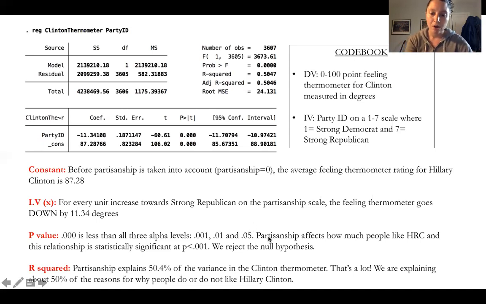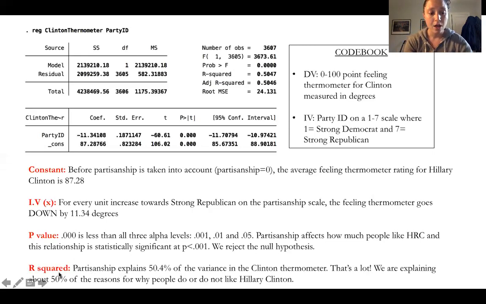So we would say partisanship affects how much people like Hillary Clinton, and this relationship is statistically significant, where p is less than 0.001. So we would say we reject the null hypothesis. Remember, the null hypothesis here would be that partisanship does not affect how much people like Hillary Clinton. We're saying we reject that. We have found that partisanship does affect this, and we would expect that, right? That's not a very surprising finding.